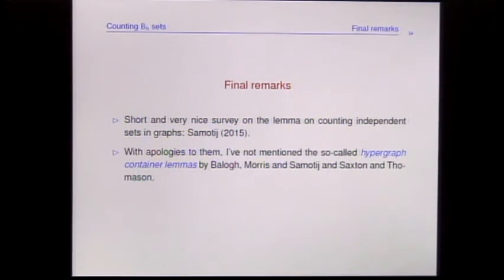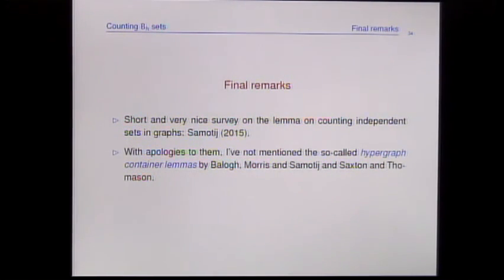This connects to the second remark. I didn't say anything about the hypergraph container lemmas, which seem to be a very nice uniform way of treating counting problems of this kind. This is a hypergraph version of the independent sets counting lemma which I just spoke about for a few minutes.